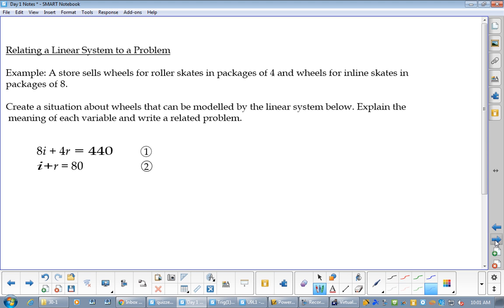So this is wheels, wheels, wheels. Okay, so a total of 440 wheels were sold.